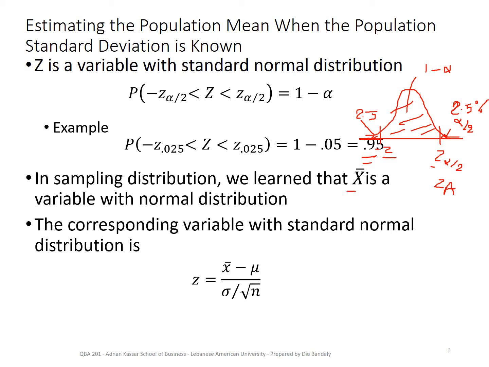This relationship between Z and X bar applies like any relationship between Z and any variable X. This is how I standardize, where mu is the sampling distribution mean, and the denominator is the standard deviation of the sampling distribution, which is the population standard deviation divided by the square root of the sample size.